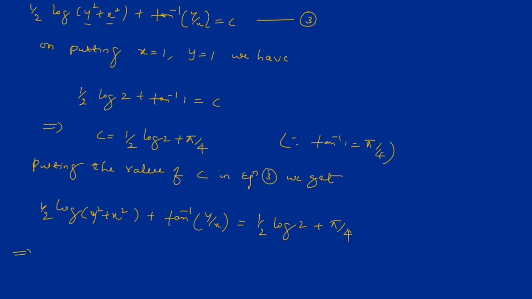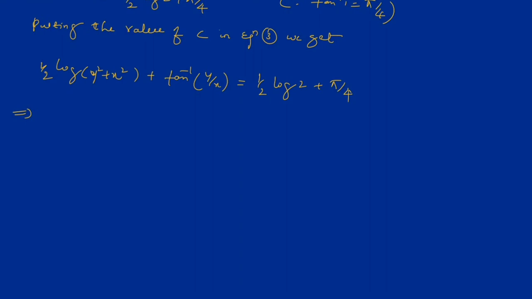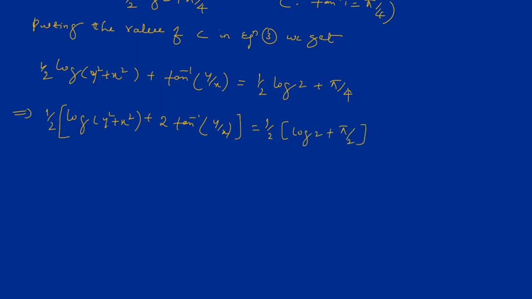So now, which implies, taking 1 by 2 common here: 1 by 2 log of y square plus x square is common, and for tan inverse y by x, taking 1 by 2 common, we get 2 tan inverse y by x. Similarly here also, taking 1 by 2 common inside, we get log 2 plus pi by 2, right?